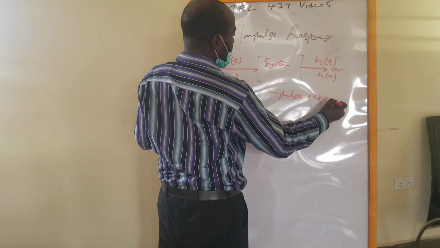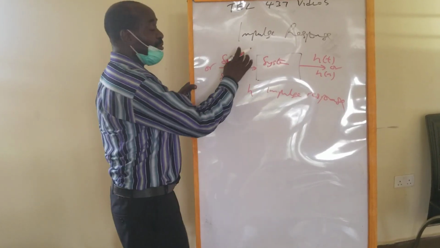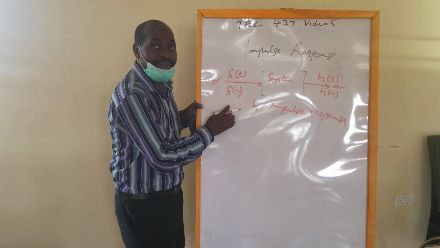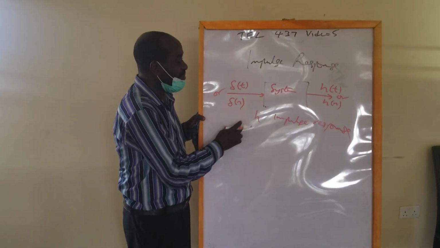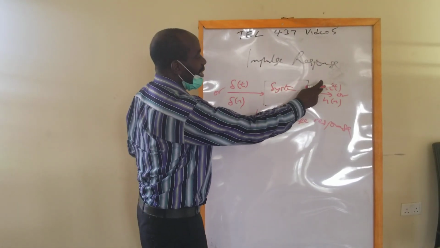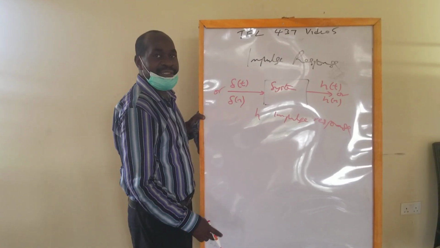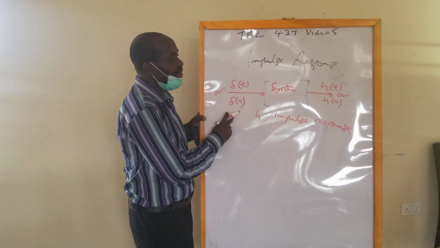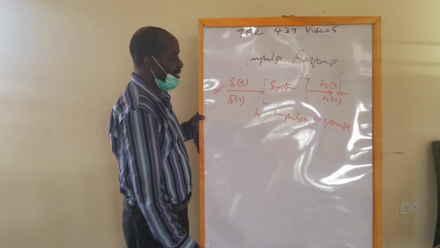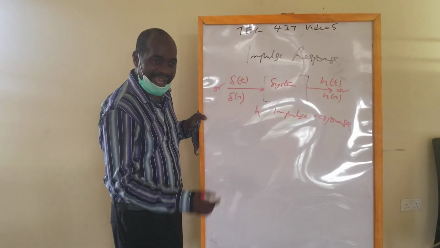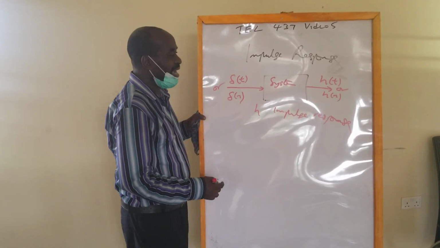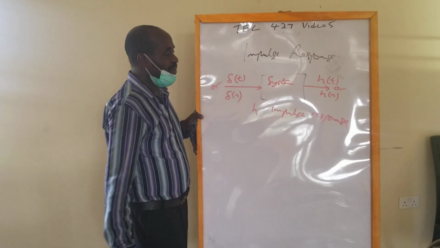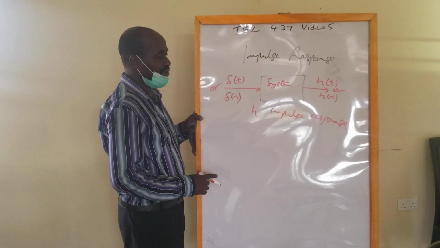Impulse response. It doesn't mean that the two of them will go in. No. I'm telling you, if it's a continuous time signal system, delta t will come in, h(t) will come out. If it's a discrete time system, delta n will go in, h(n) will come out. So impulse response is defined as the output of a system whenever the input is an impulse function.